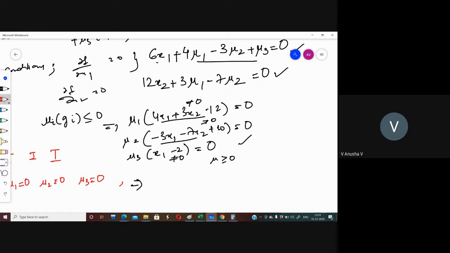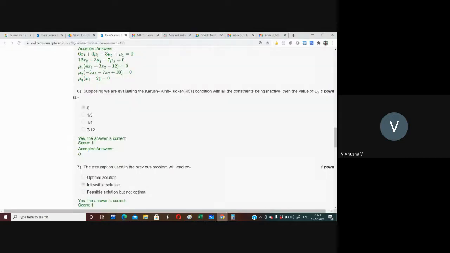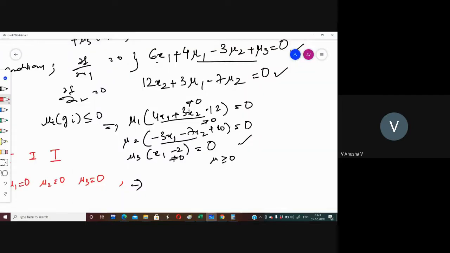They told us all the constraints are inactive. In that way only you need to do what I'm doing. When these three constraints cannot be equal to 0, mu1, mu2, mu3 will be equal to 0. If this cannot be 0, obviously u1 will be 0. That's what I have written. So I'm substituting u1 values, u2 values and u3 values here.